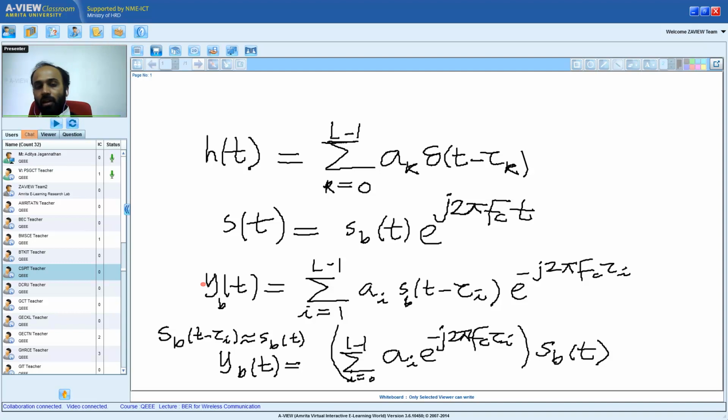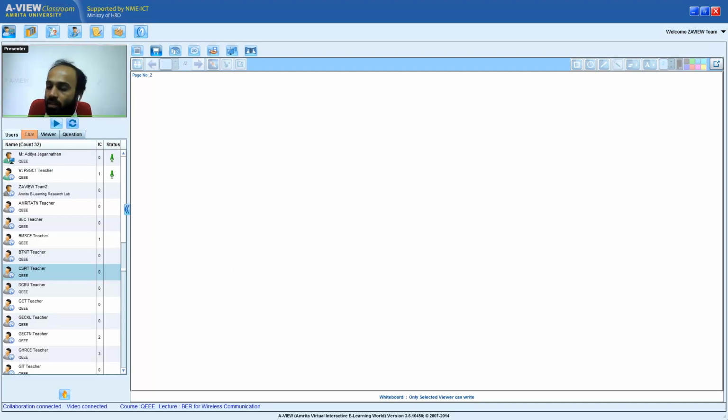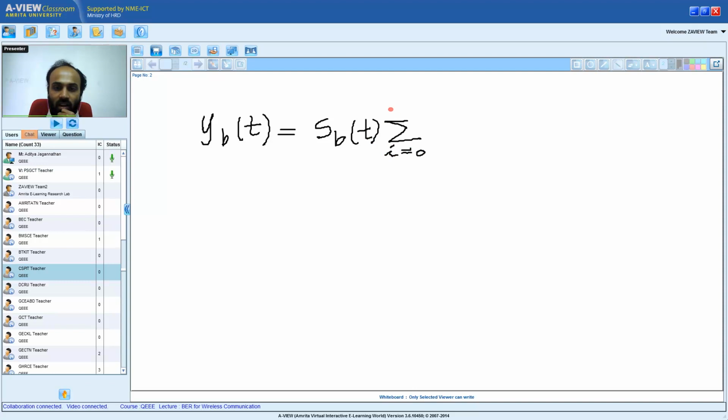So hopefully everyone can see it. Let me write it again clearly once. This is the baseband system model that I think everyone remembers from the last lecture. For a narrowband signal, the received wireless signal y_b(t) can be expressed as s_b(t), the transmitted signal, times the summation, i equal to 0 to L minus 1, of a_i e to the power of minus j2π f_c tau_i.